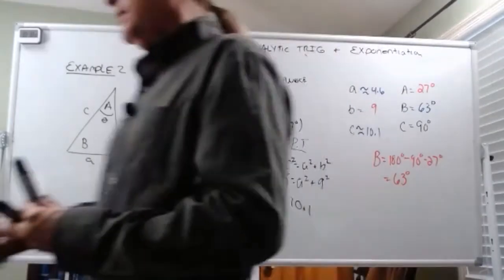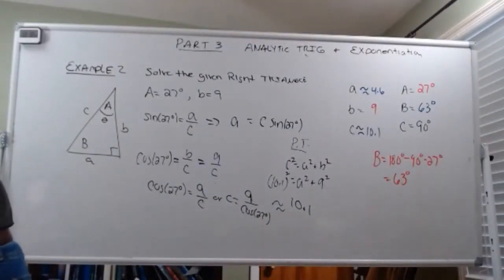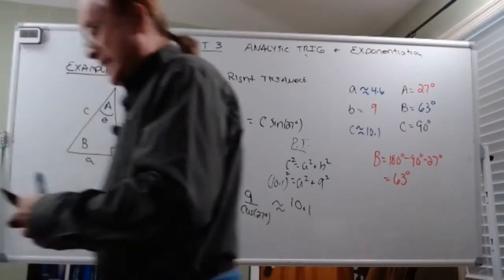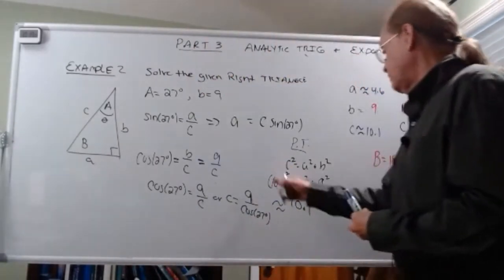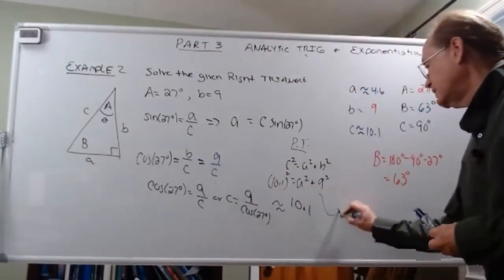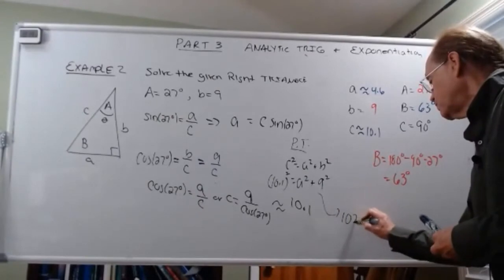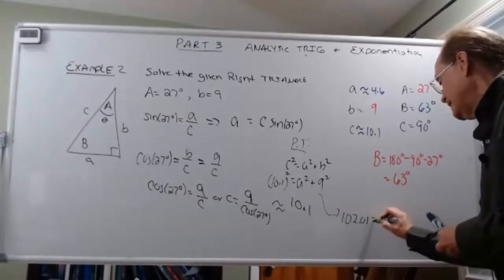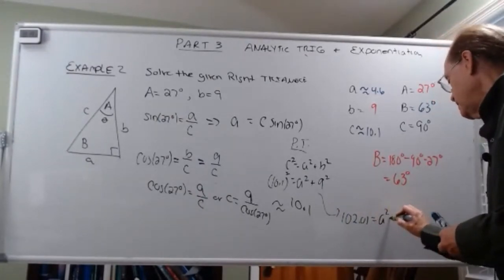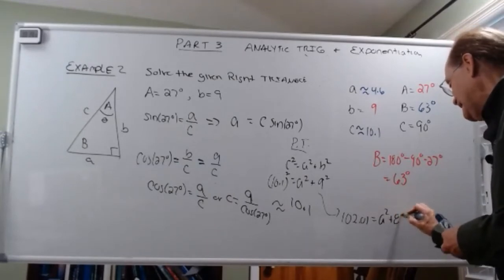Squaring 10.1, I'll do that separately. And I get 102.01. So this gives me over here, let's work it over here. 102.01 is equal to A squared plus 9 squared, which is 81.